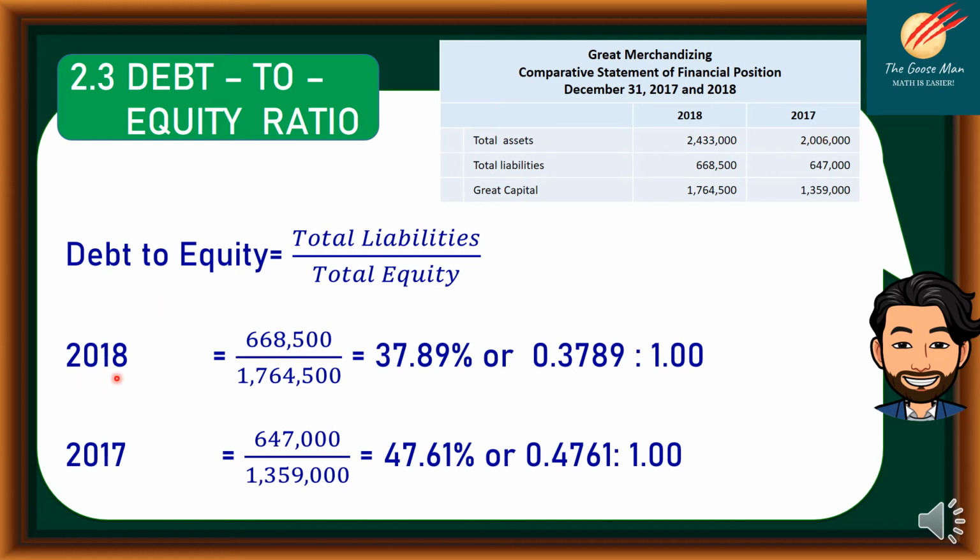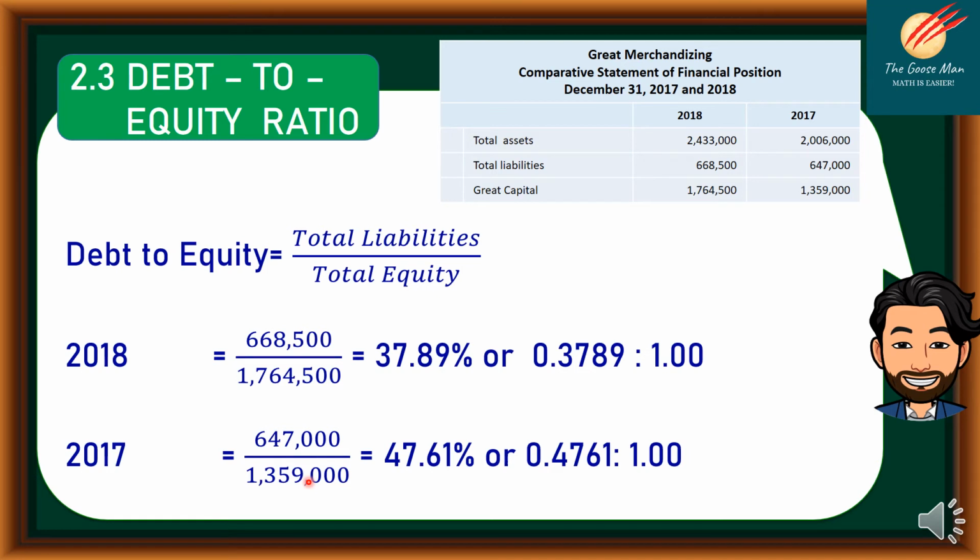For 2018, we have 668,500 divided by 1,764,000, which is approximately equal to 37.89%. While as of 2017, this is 647,000 divided by 1,359,000, or this is 47.61%.